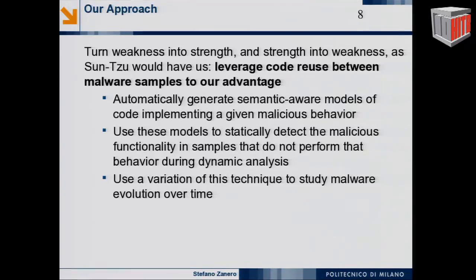We try to track code reuse across malware samples and use that to discover interesting features of malware that has not been shown during dynamic analysis. Also, by using variations of the same technique, we can also do another interesting thing that I will show along the end of my talk, to study the actual evolution of malware. So what actually the malware authors are modifying in their code.